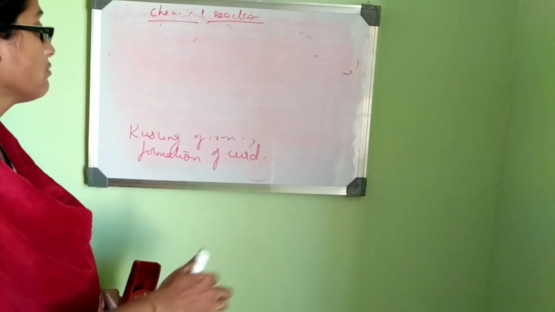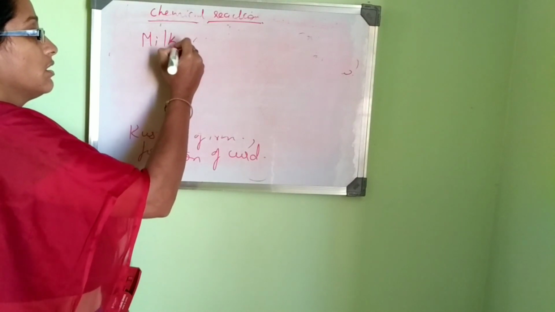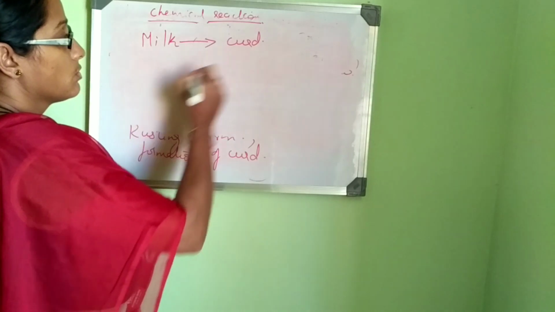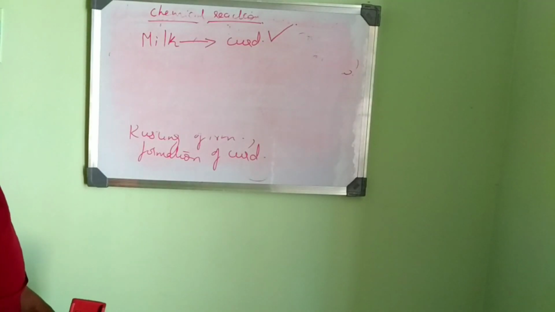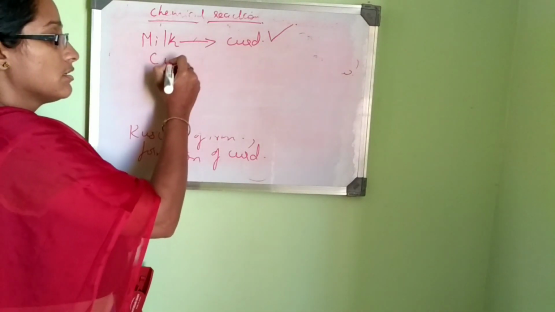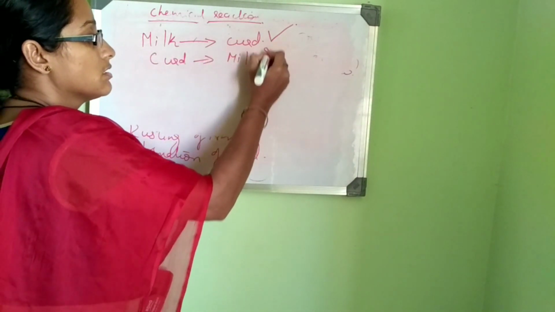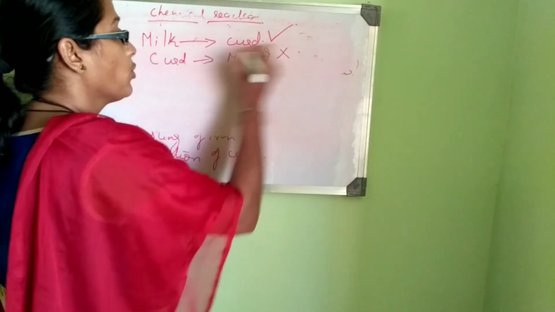Next, what is the formation of curd? From milk we prepare curd. Milk can be made into curd. Can curd be made into milk? It is highly impossible.